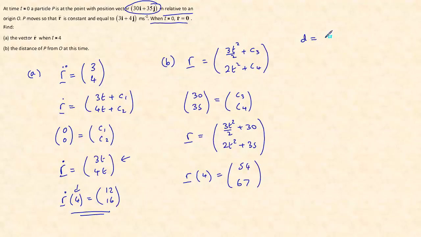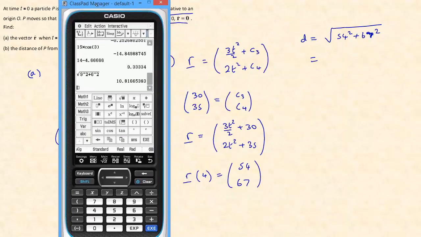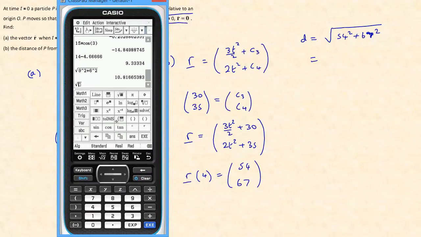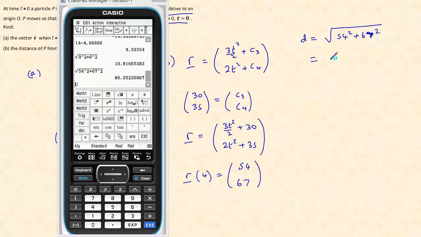So our distance, just using Pythagoras, is the square root of 54 squared plus 67 squared. We just need to calculate that. And that's really not a very interesting number. So we'll make that 86.05 meters correct to 2 decimal places.